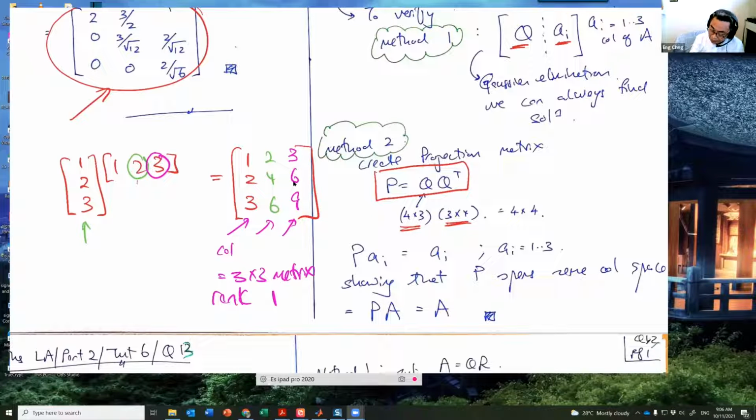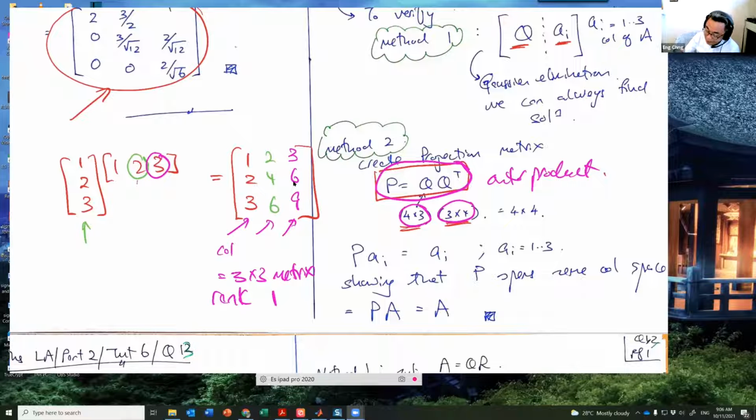Now, if you understand this concept, figure out Q times Q transpose. Q has a few columns, and Q transpose is those columns transposed. It is also an outer product. Q is 4 by 3, so I have 3 orthonormal columns.